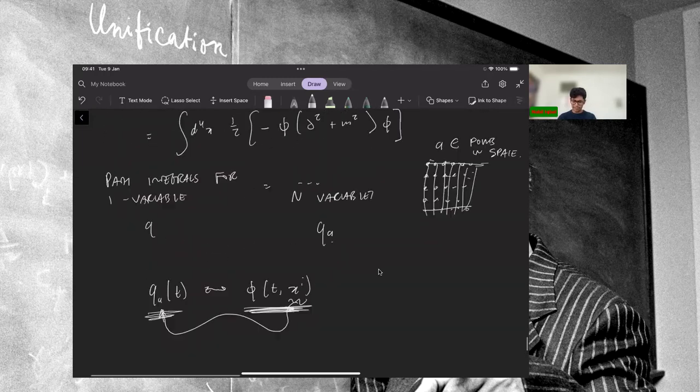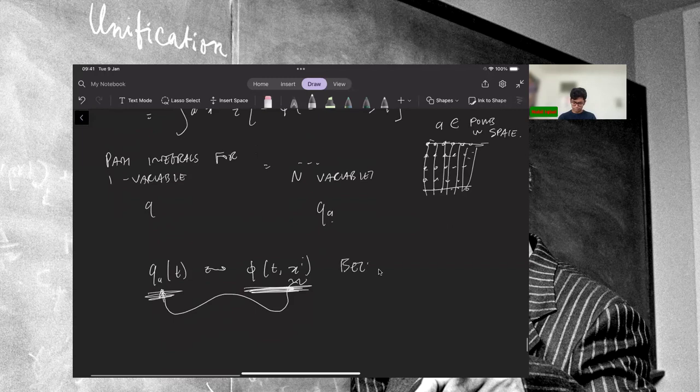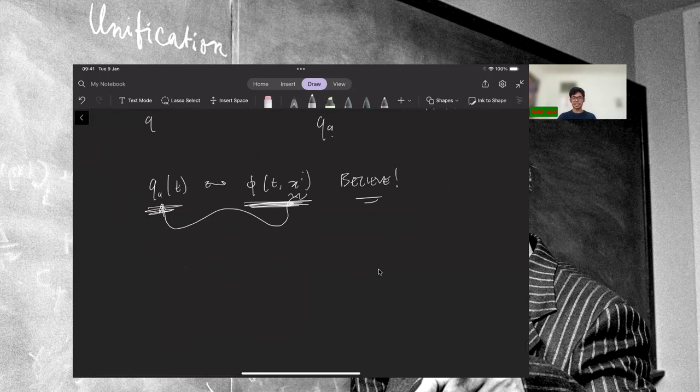And if we believe that this works, then we can immediately guess an answer for the path integral.